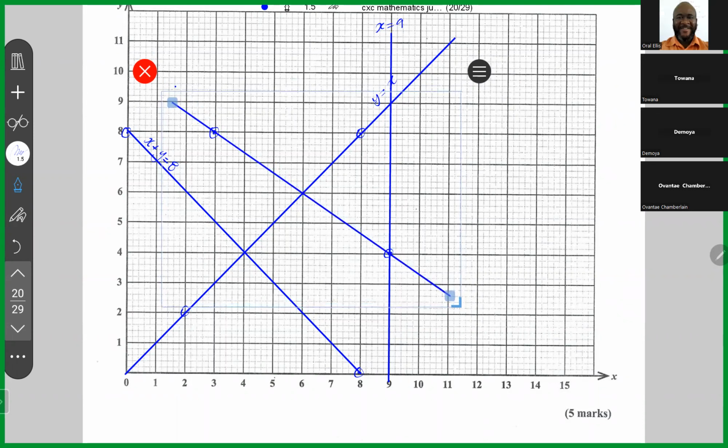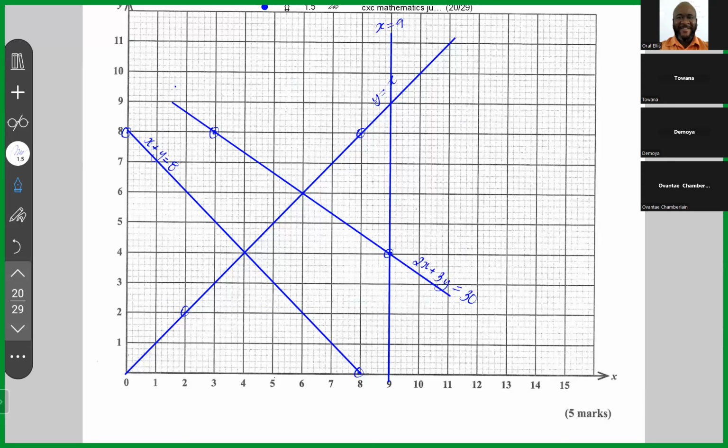All right, and this now is the line 2x plus 3y is equal to 30. So those are my 4 inequalities.